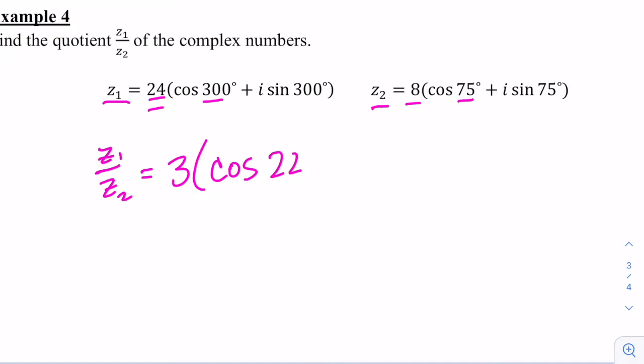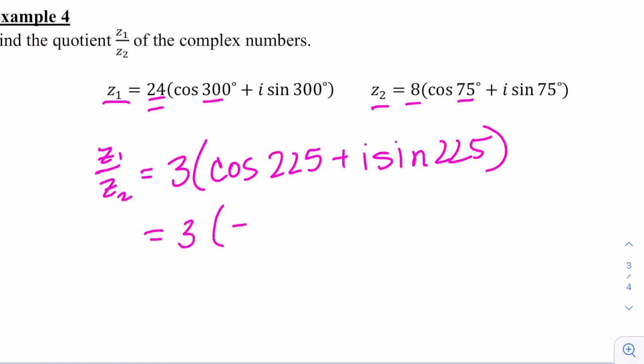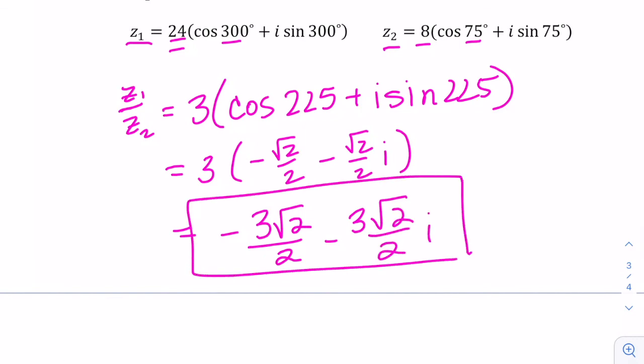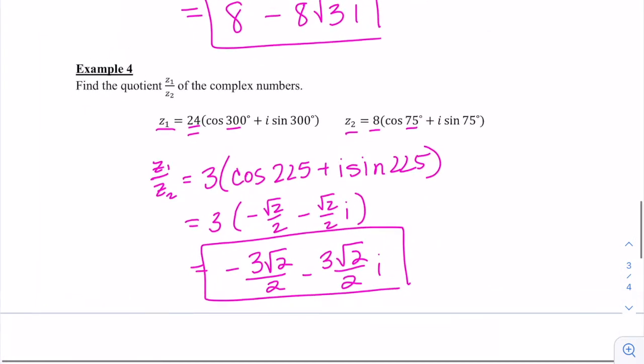And so we're going to have the cosine of 225 plus i times sine of 225. And we can simplify that really easily. Remember, that's in the third quadrant, so both of these are negative. So we write this as 3 times negative root 2 over 2 minus root 2 over 2 i. And then to simplify that, we'll just have negative 3 root 2 over 2 minus 3 root 2 over 2 i in standard form. So pretty easy.